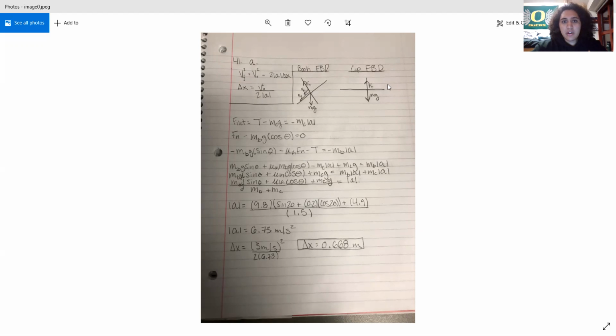And we have our free body diagrams of both the book and the cup. So for finding our acceleration so that we can find our change in x, we can figure out all of the forces that are going to help send our book back down the slope. And we'll have that the y direction of the mass of the book multiplied by gravity is one force that'll add to our acceleration.